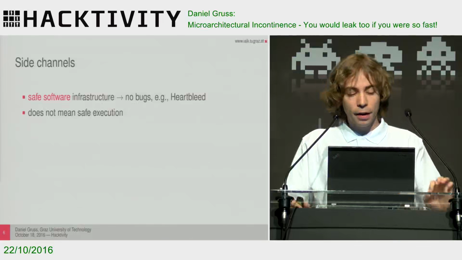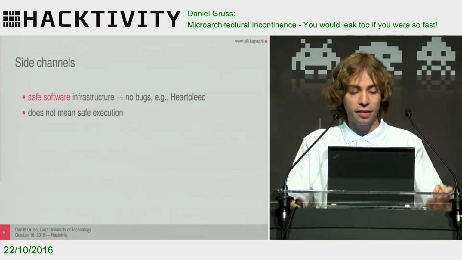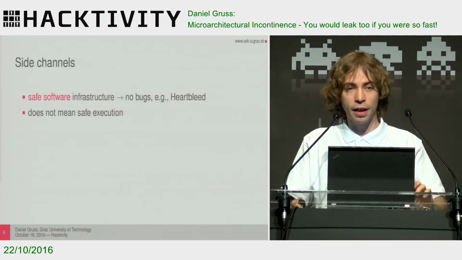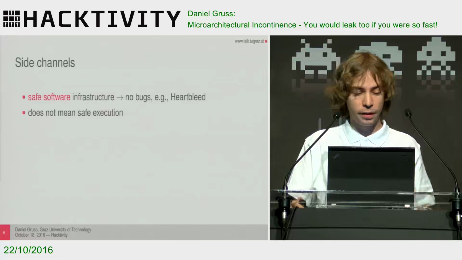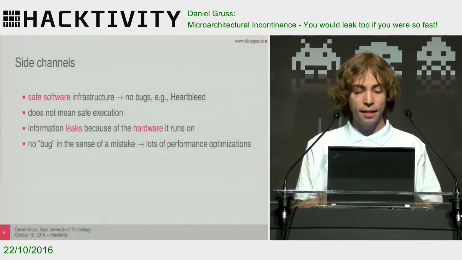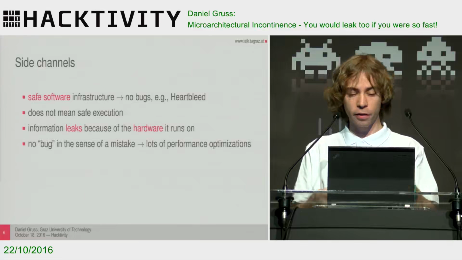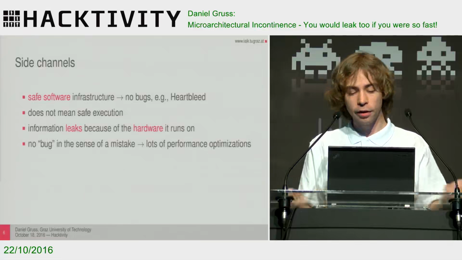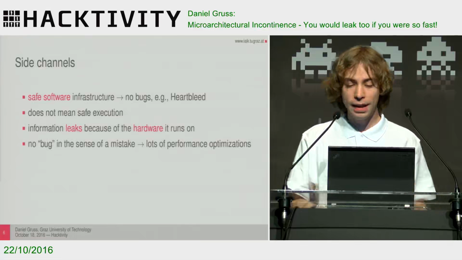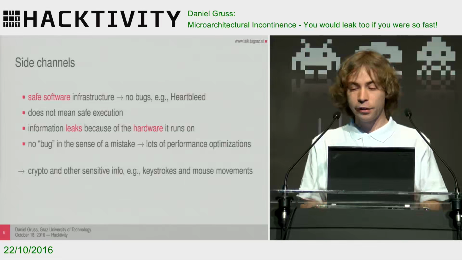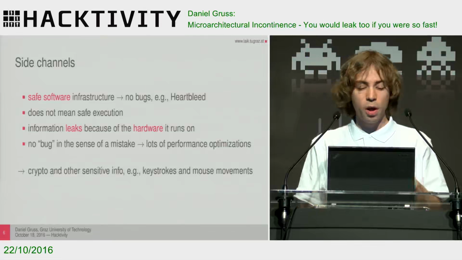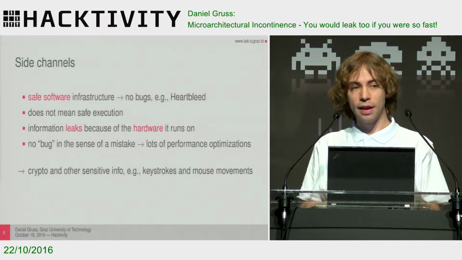If you have a safe software implementation, this does not mean that you have a safe execution. You can still get data leaked from the software implementation. And the leaks come from the hardware because the software runs on hardware, and hardware is not perfect. So we will talk about leakage from hardware. We can attack a lot of different things with that, crypto or other sensitive information like keystrokes.